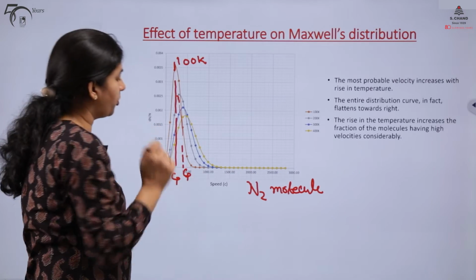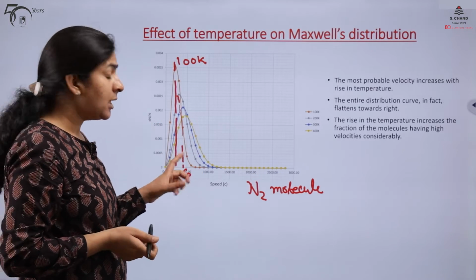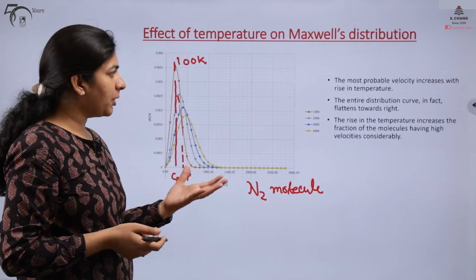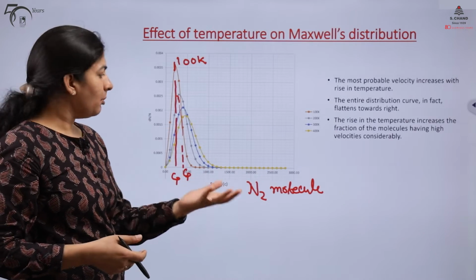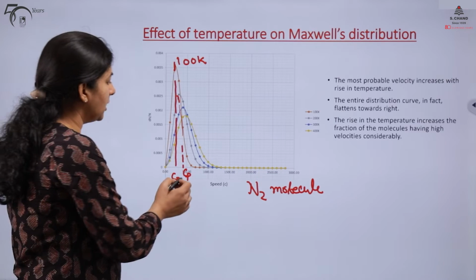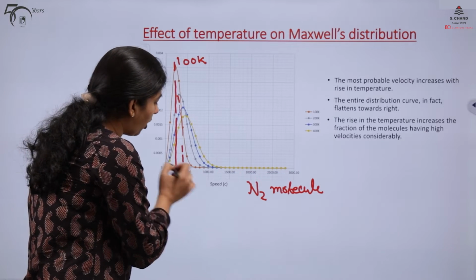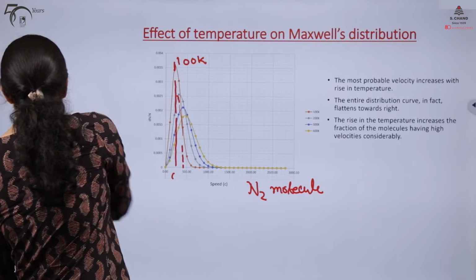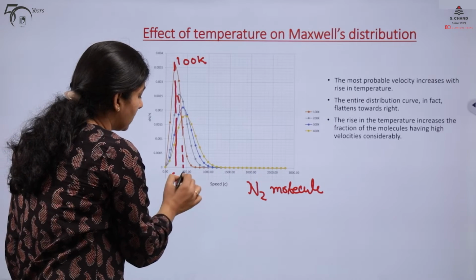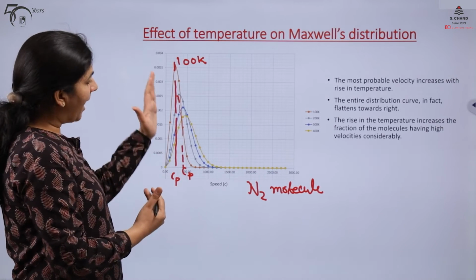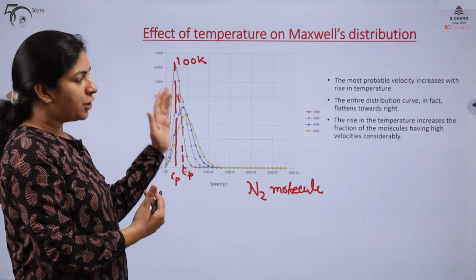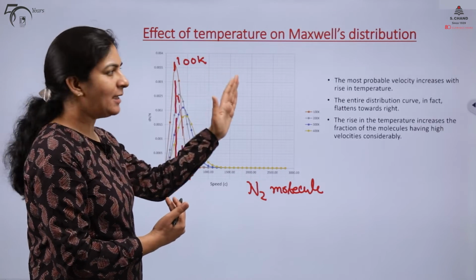Since at higher temperature more and more molecules move with higher velocity, the most probable velocity increases with an increase in temperature. That means the maximum in this curve shifts towards the right hand side.